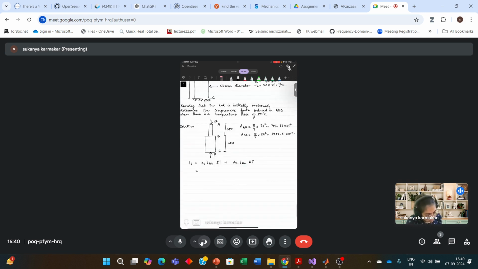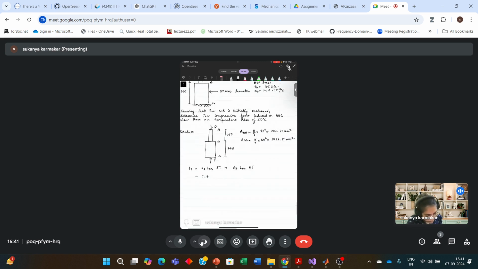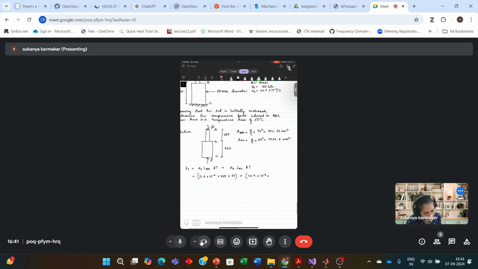Now, alpha S is 11.7 into 10 to the power minus 6. Length of AB is 250 and delta T is 50 degrees Celsius, and alpha B is 20.9 into 10 to the power minus 6 into length of BC, which is 300, into delta T, which is 50 degrees Celsius, the rise in temperature.